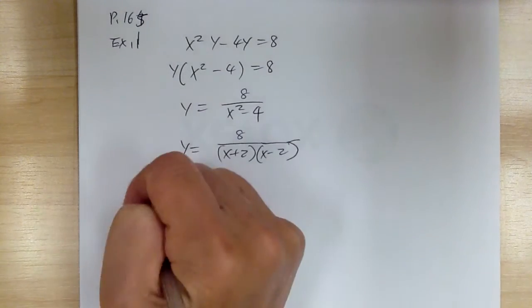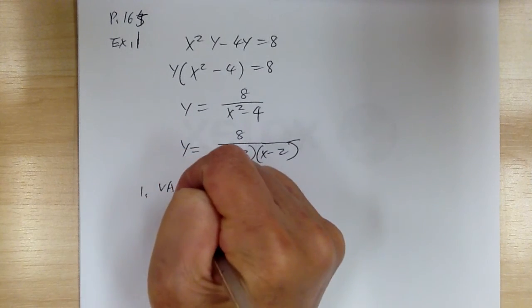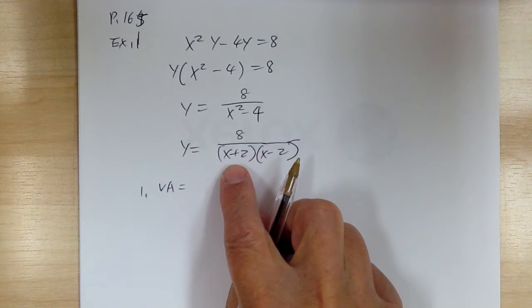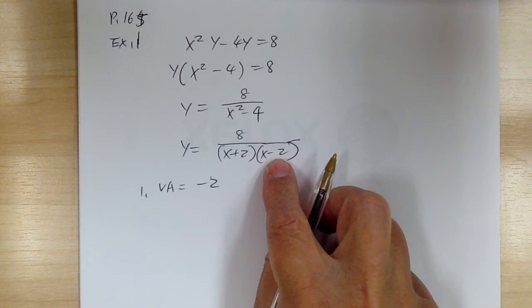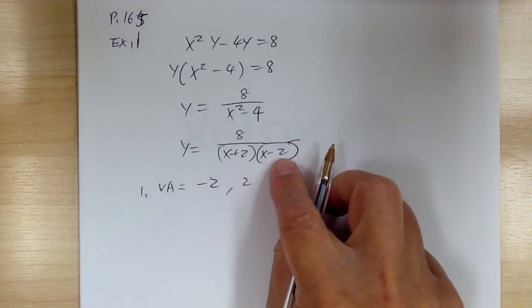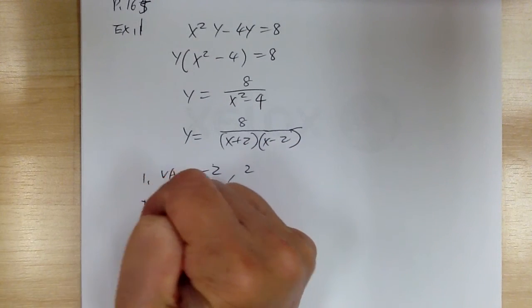So again, first you get your vertical asymptotes. The vertical asymptotes are going to be x equal to negative 2 from here, and positive 2 from here. Then you have to get your horizontal asymptote.